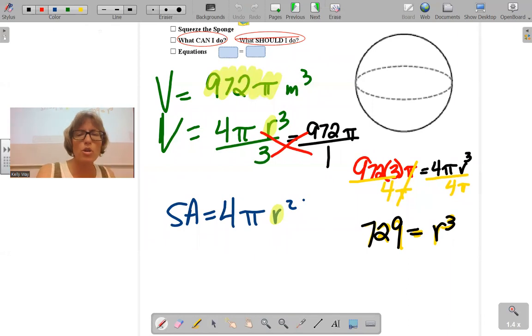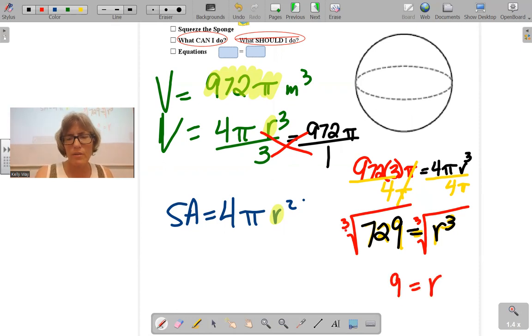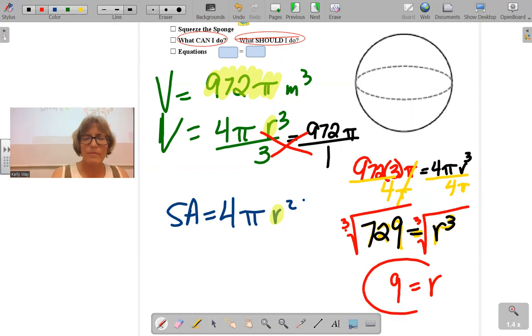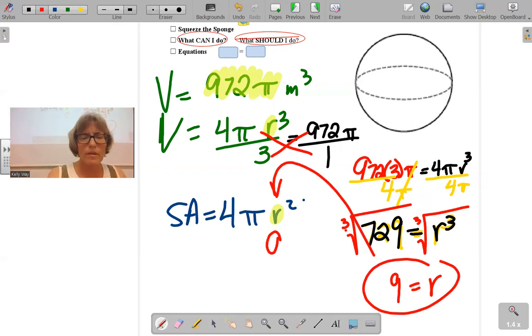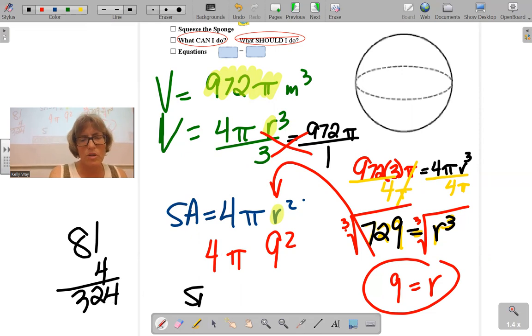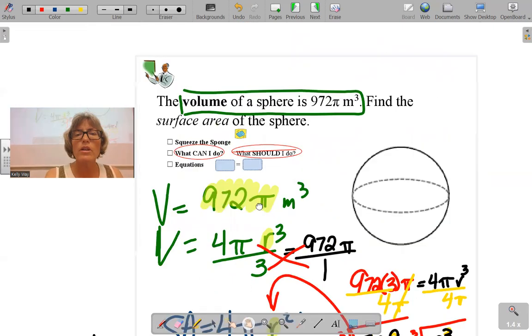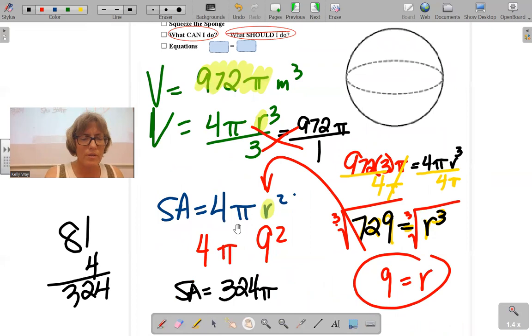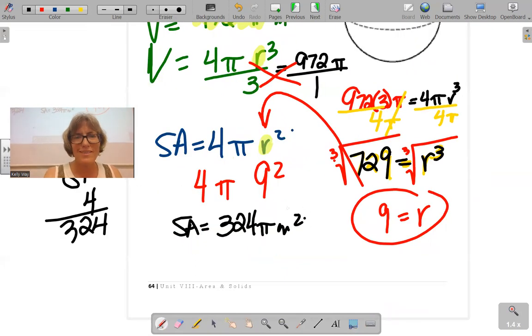So I know my cube root, put a little 3 there, cube root is going to be 9. Bring it over here, 9 squared, 4 pi. That's 81 times 4. So my surface area is 324 pi. Check for units. What kind of units have we gotten? Meters. Meters squared.